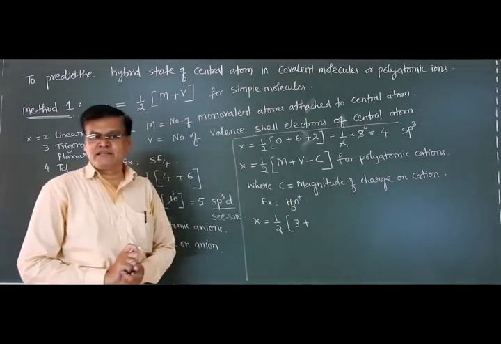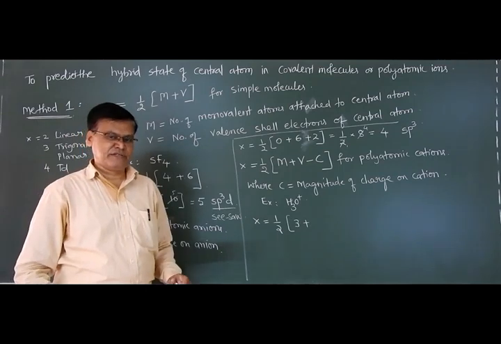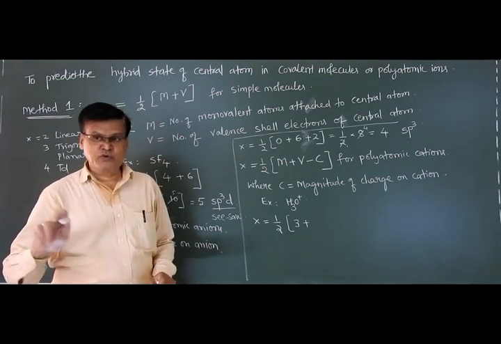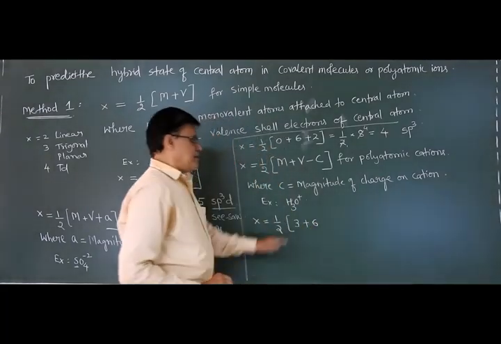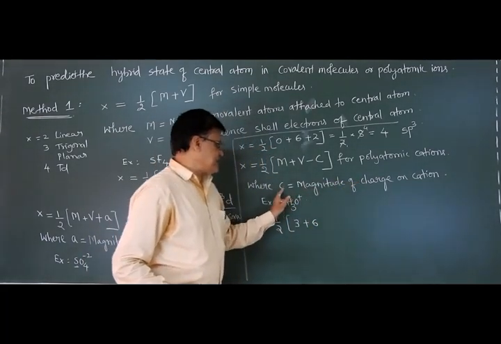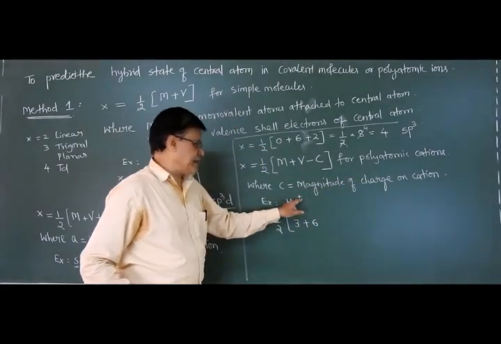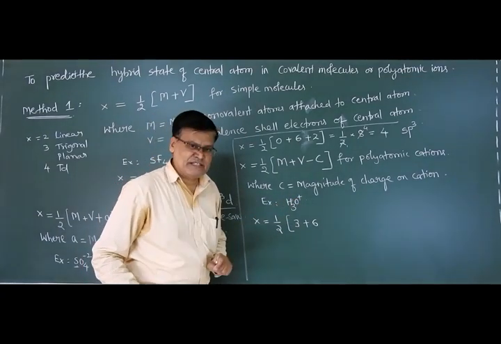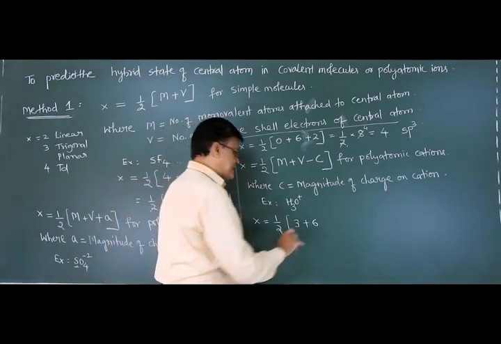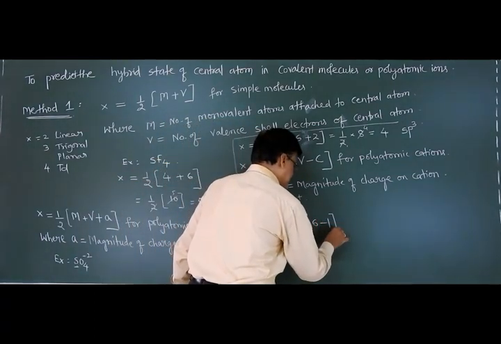Oxygen has how many valence electrons? 6 valence electrons, that is 2s2, 2p4. Right. Magnitude of charge: C is nothing but the charge of the cation. How much charge is present? Magnitude 1. If a positive charge is present, we have to subtract 1.